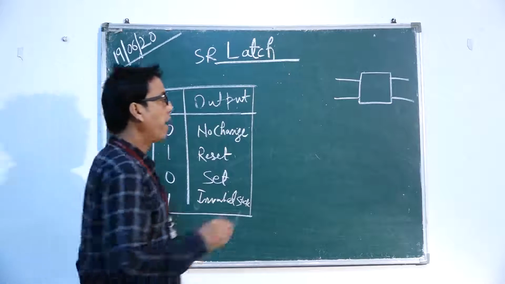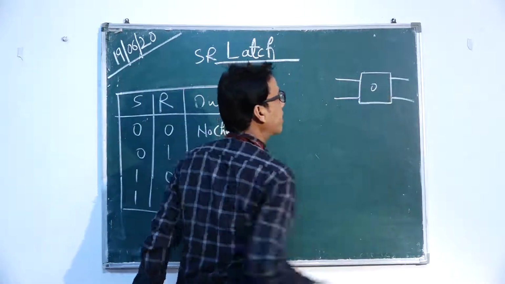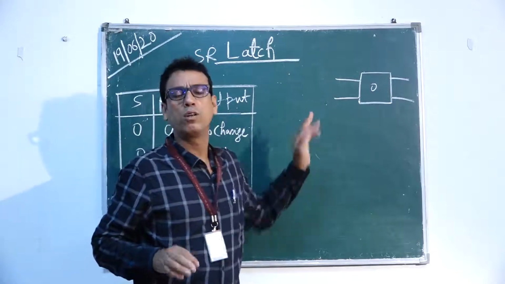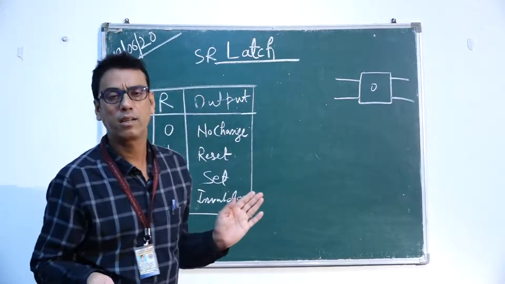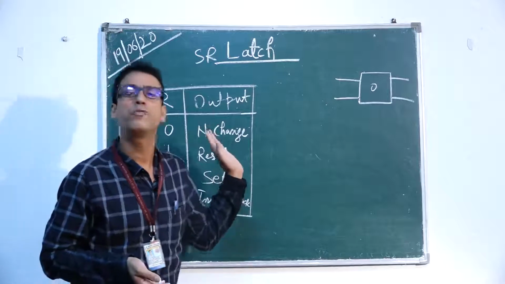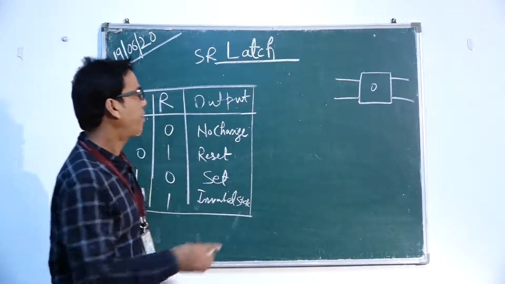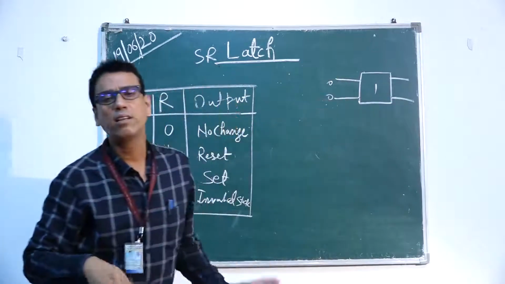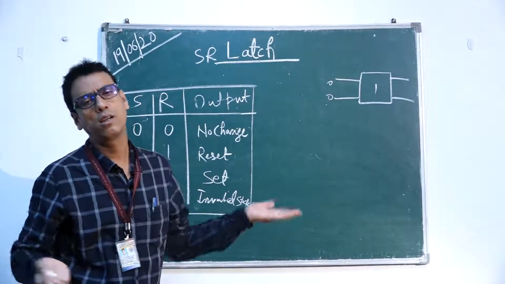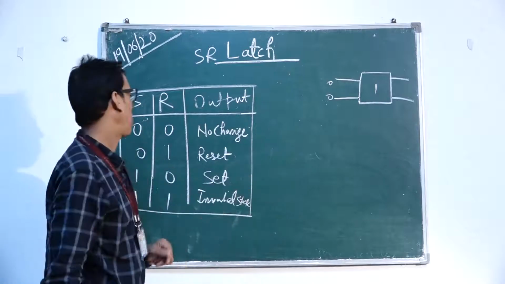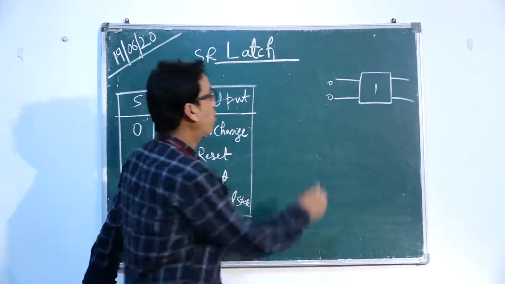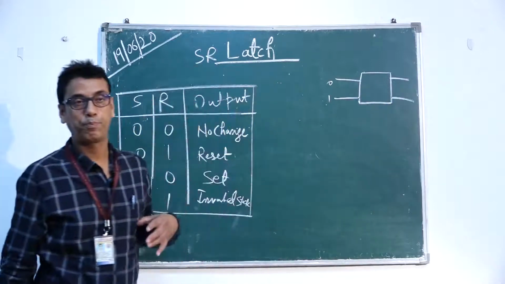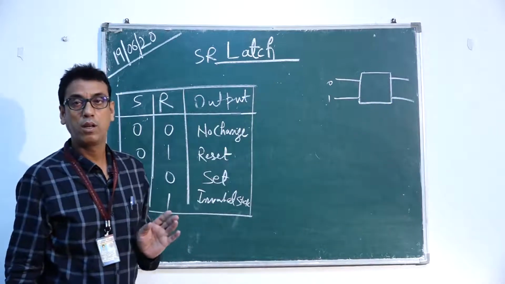It means if this circuit has 0 stored inside and I enter 0 0, then it will continue with 0. If the circuit has 1 inside and I say 0 0, then no change means it will continue with 1. If I enter 0 1, what happens?